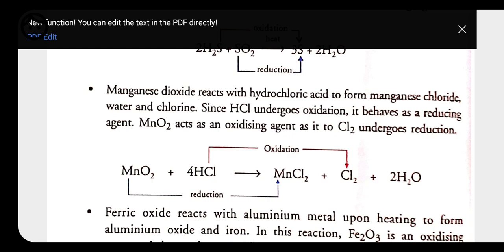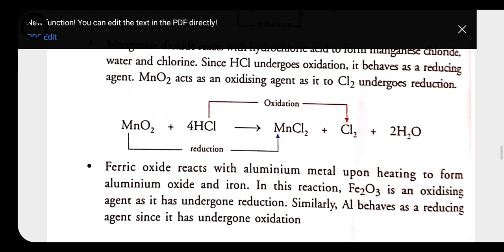Now hydrogen chloride: here chlorine is going to lose its hydrogen. So loss of hydrogen is called oxidation. Okay, so all these are examples of redox reaction.